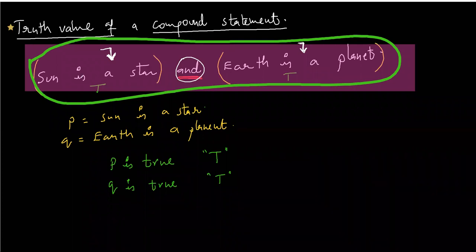Here this is true, this is also true, and in between I have and. So the compound statement, sun is a star and earth is a planet, is also true. Okay, so I want to write a comment here, that is a point to be remembered.